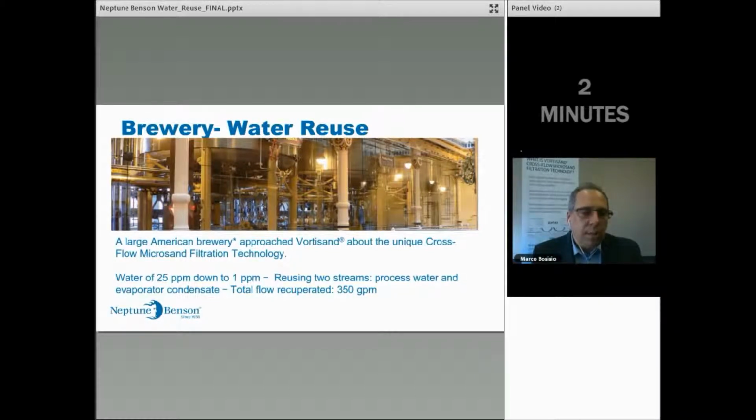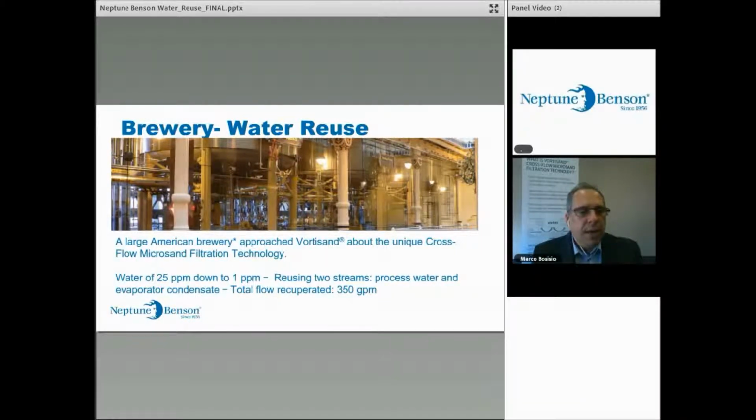Another one is a brewery where water reuse was important. The cross-flow microsand filtration technology was chosen by this large American brewery. The idea was to bring down the TSS from 25 ppm down to 1 by reusing two streams. One was the process water, and the other was evaporated condensate.